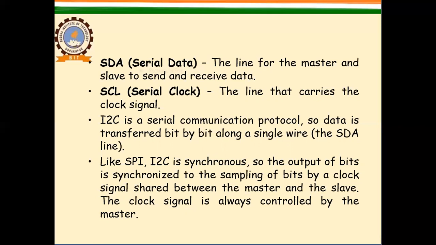This line or wire is used by master as well as slave to send and receive data. Unlike SPI, where you have seen that MOSI and MISO, two separate lines, are used for transmitting and receiving the data, here in the case of I2C the same SDA line is used to transmit the data in either direction.